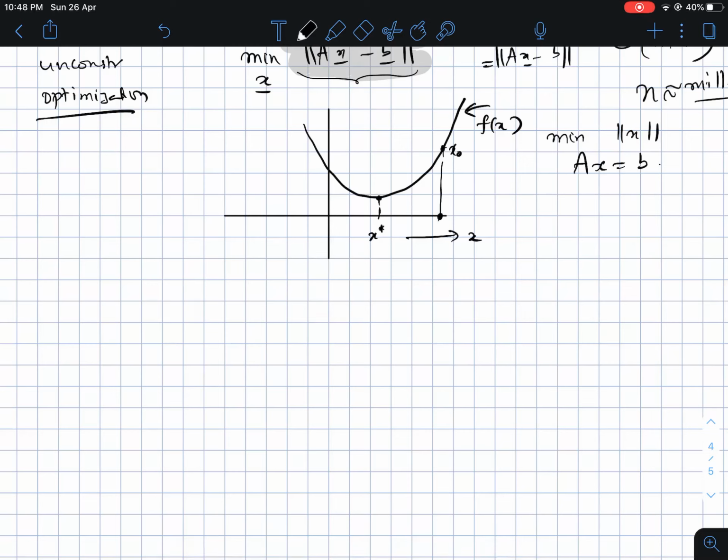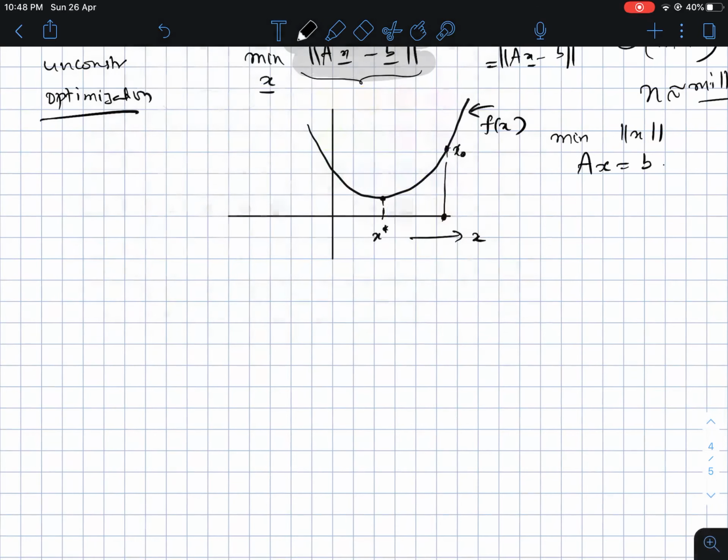Well, because x is a scalar, I am on a one-dimensional space, so I only have two possibilities: either move to the right or move to the left. So should I move to the right or the left? That's decided easily. I cannot go to the right because my function value is locally increasing. I should go to the left. So that's the main idea.